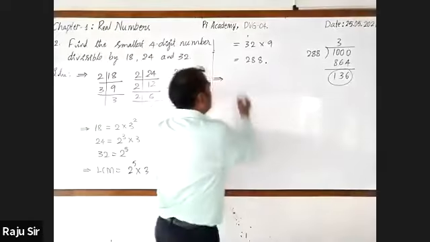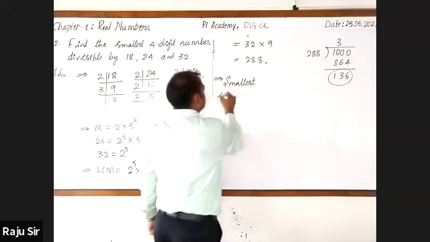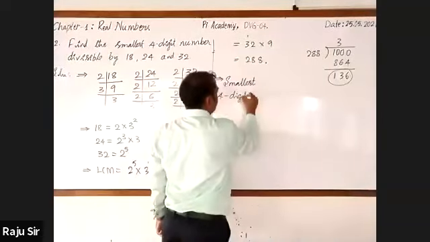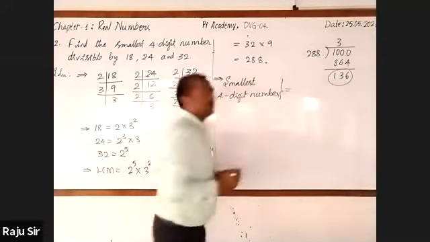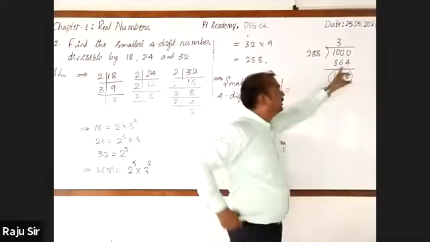Okay, now you write. Once I tell you the smallest 4-digit number, before writing this, observe.